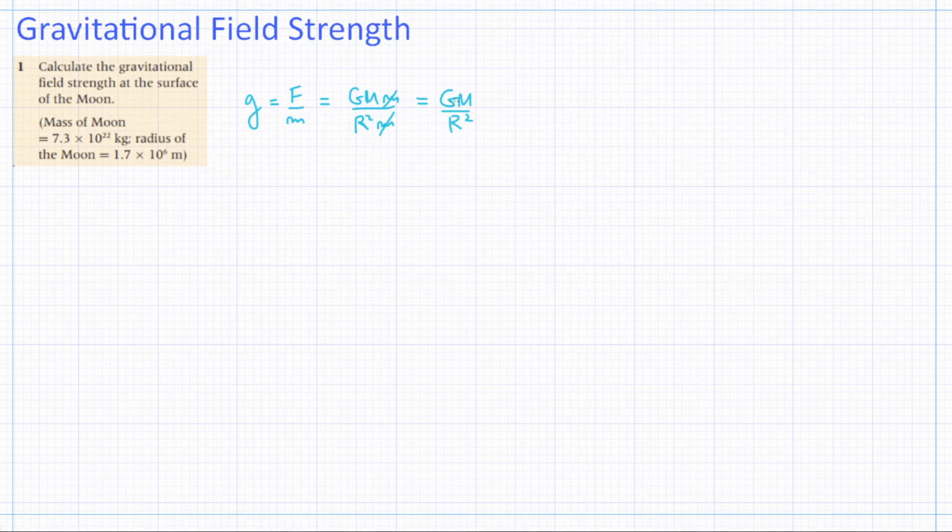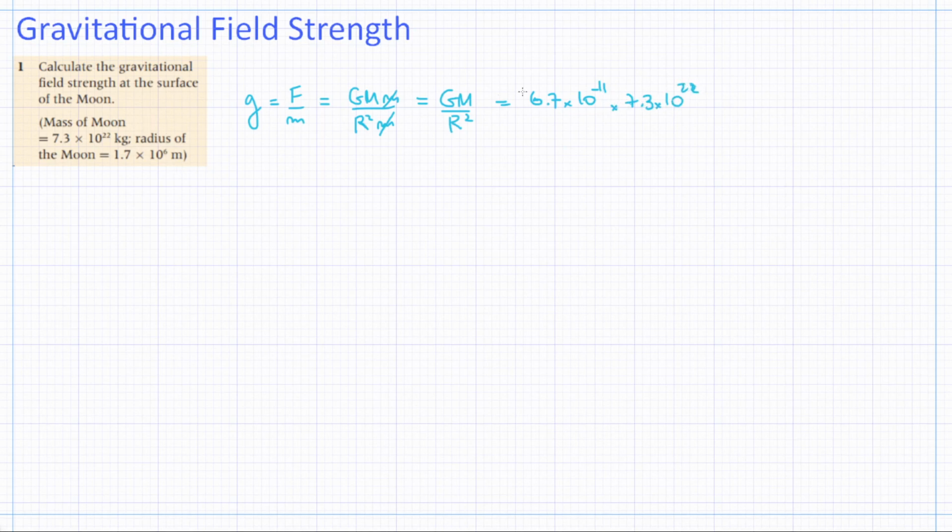So you can use this straight away when you're using a test object. You can go for this equation straight away, and if you put the numbers in, that would be 6.7. Since we're only given values up to two significant figures, I'll only put my constant up to two significant figures as well. So 6.7 times 10 to the negative 11 times the mass, which is 7.3 times 10 to the power of 22.